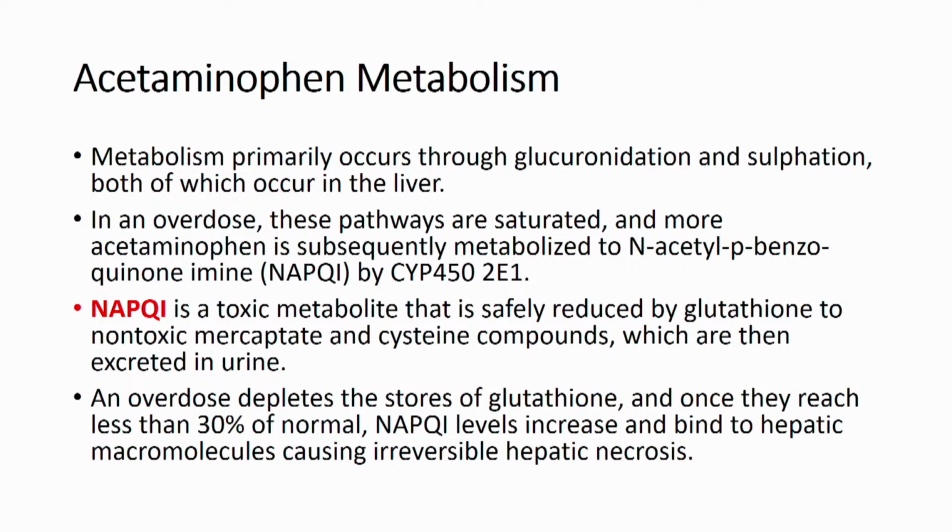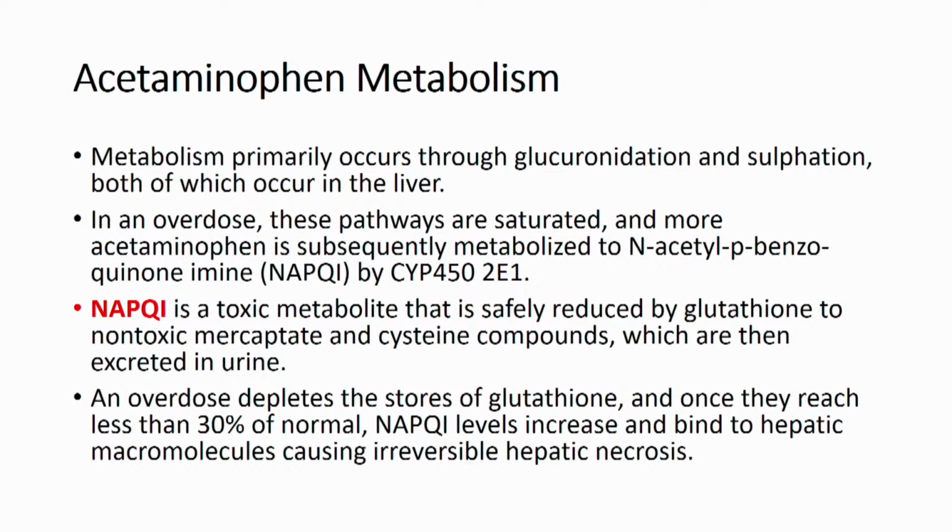We'll be talking about NAPQI, a toxic metabolite that is safely reduced by glutathione within the liver to non-toxic mercapturic acid and cysteine compounds, which are then excreted in urine through the kidneys. When you have an overdose, the stores of glutathione, which are reducing substances, are depleted.